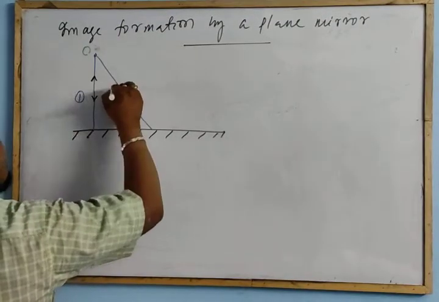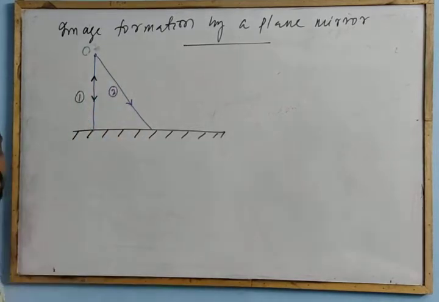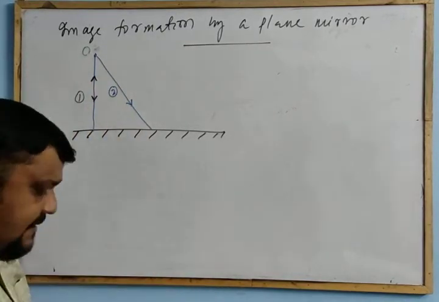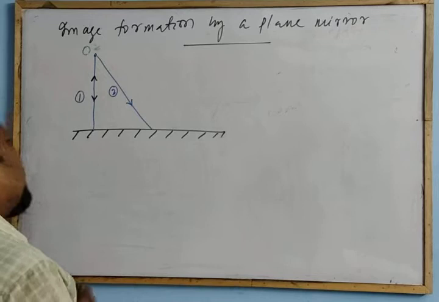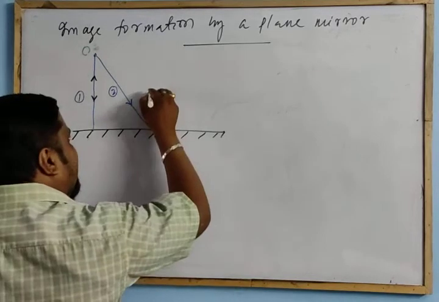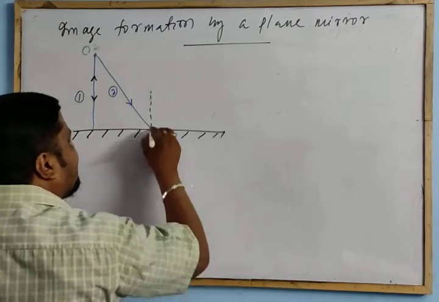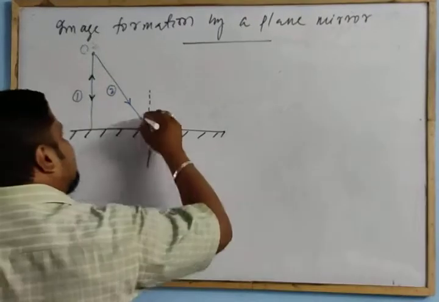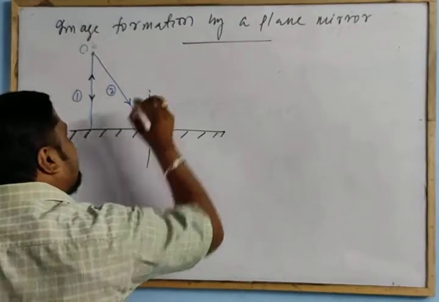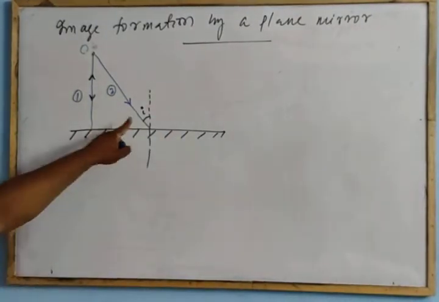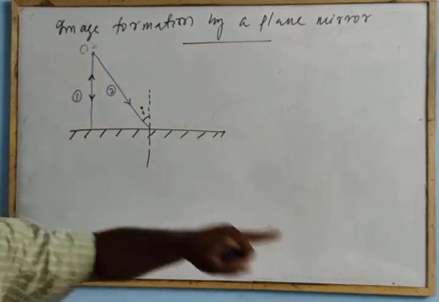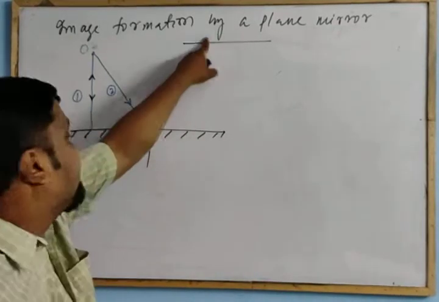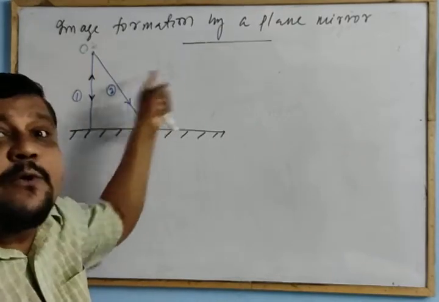Then this is the second incident ray, incident obliquely with some angle. To know the incident angle, I have to draw a normal at the point of incidence. So this is my angle of incidence i. According to the laws of reflection, the ray will reflect with the same angle, i is equal to r.